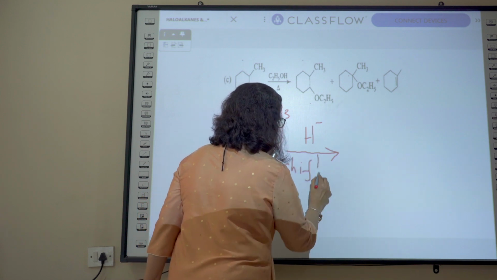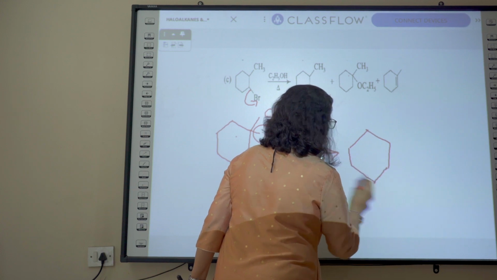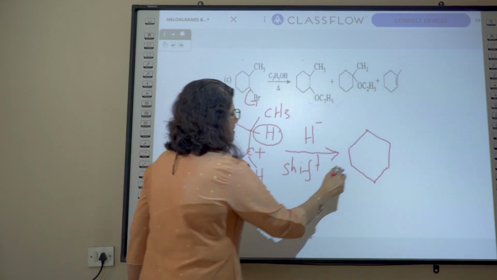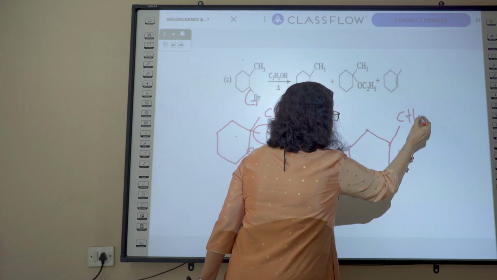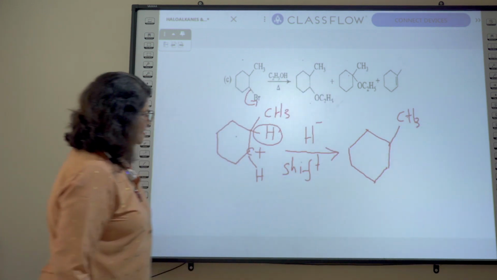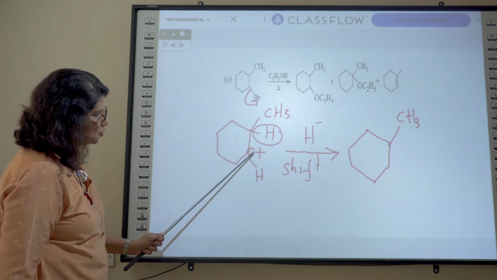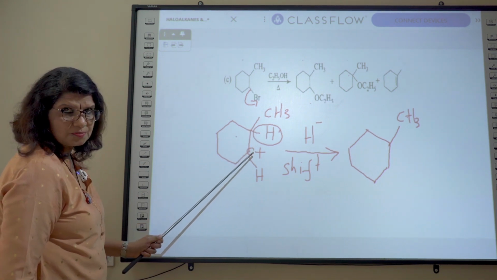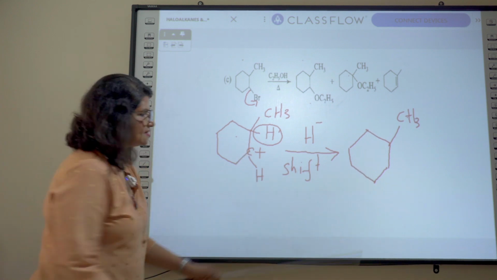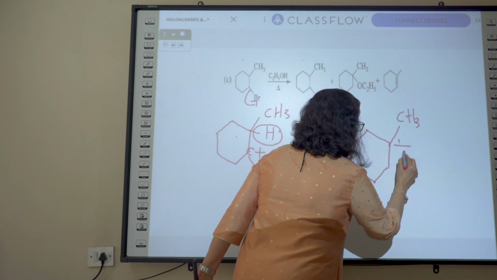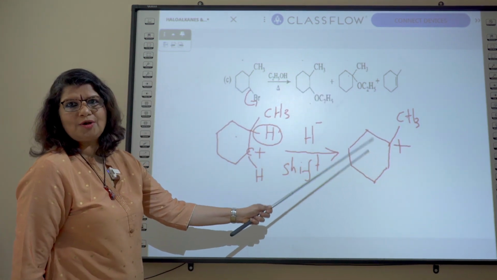Due to the hydride ion shift, we get a more stable carbocation. So, you have a CH3 here, and a CH3 here. Now, this hydrogen with its bond has shifted to this position to neutralize this positive charge. This becomes CH2. Simultaneously, a new positive charge is created here. You get a more stable tertiary carbocation here.